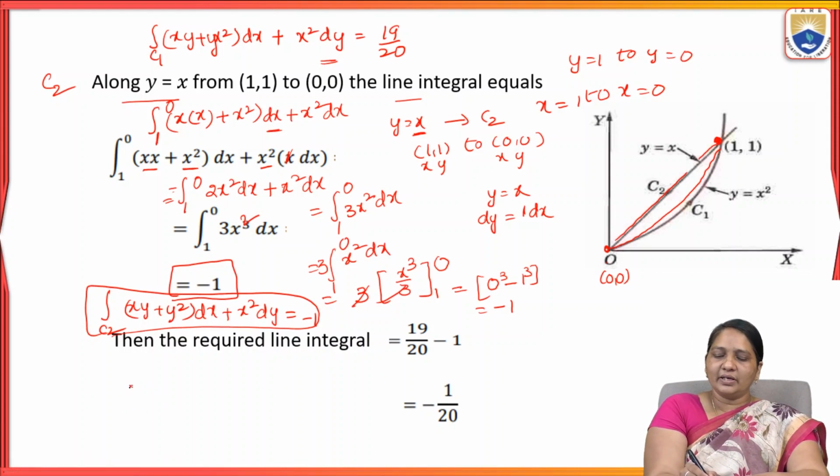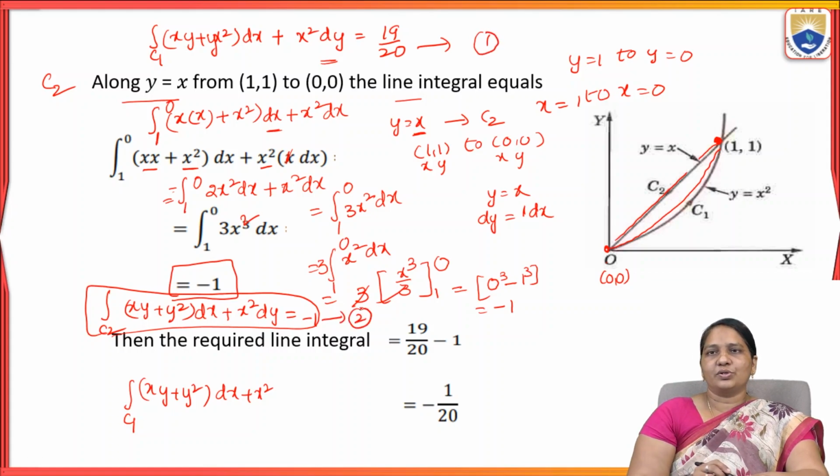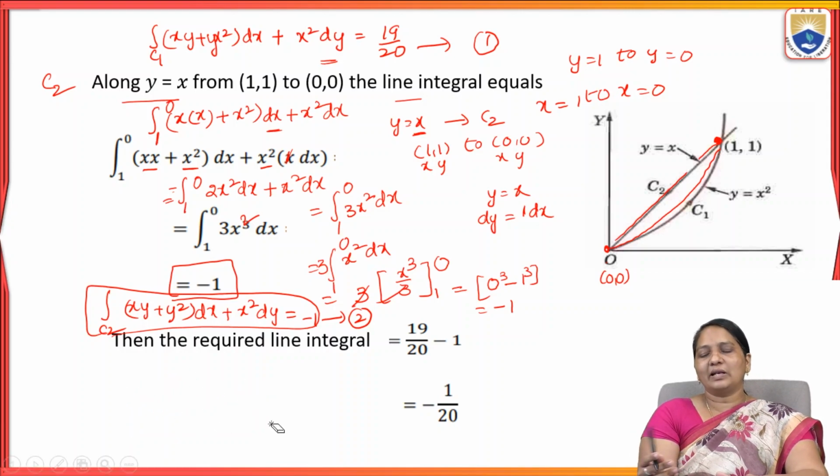What is the required line integral? It is the integral over C1 plus the integral over C2. This is the first one along C1, this is the second one along C2, so we are going to add these two. That is the total required line integral.